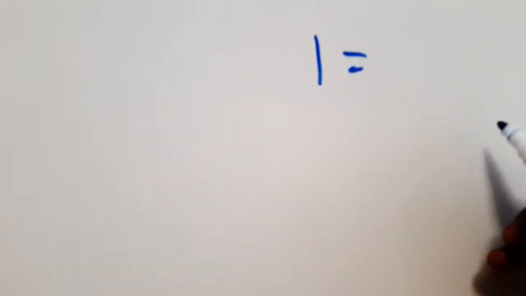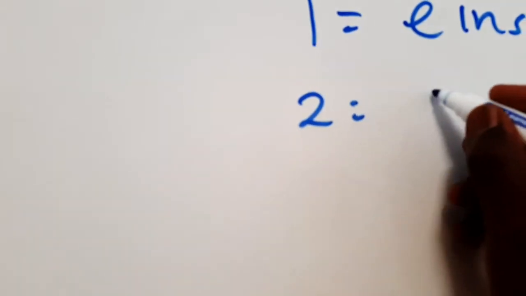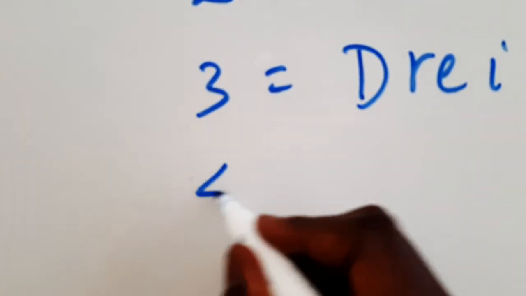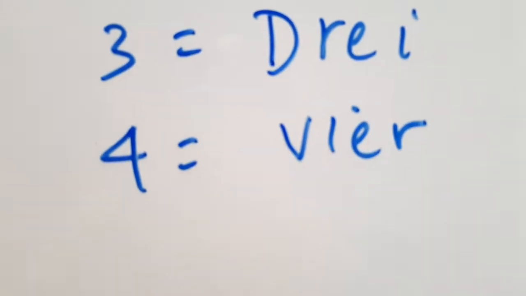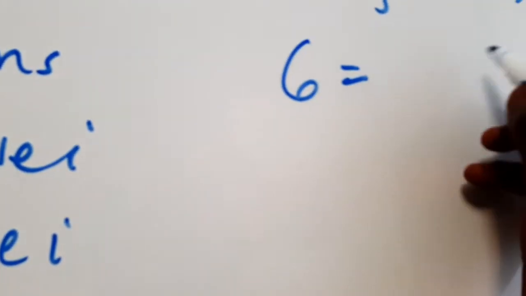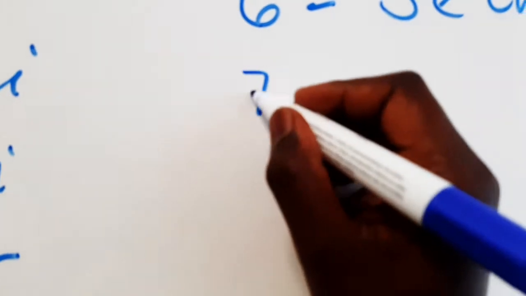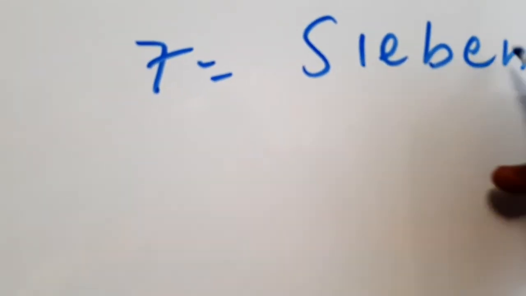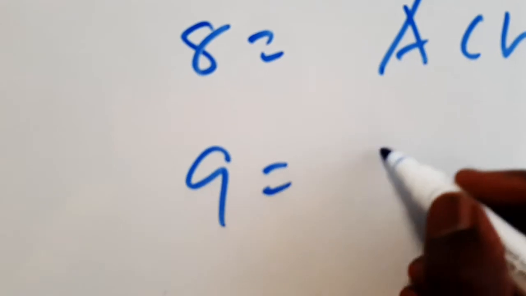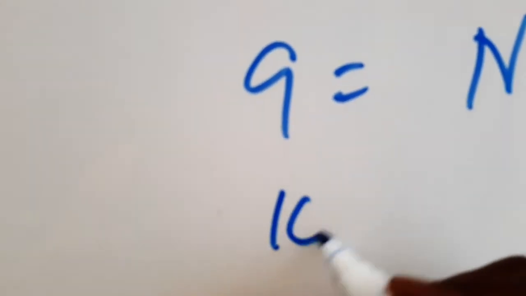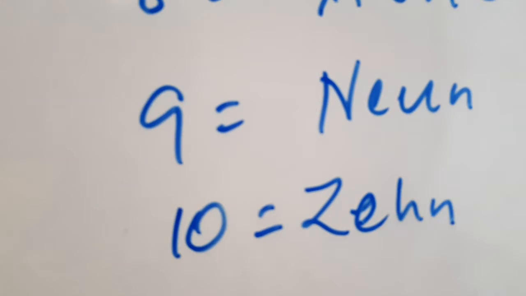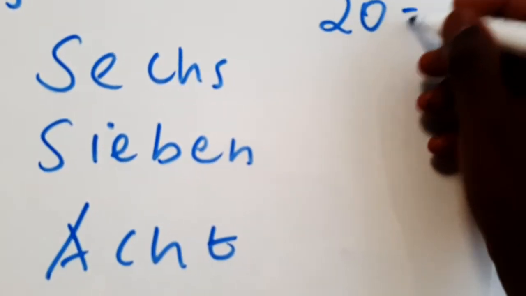So 1 is eins, 2 is zwei, 3 is drei, 4 is vier, 5 is fünf, 6 is sechs, 7 is sieben, and 8 is acht, 9 is neun, 10 is zehn.